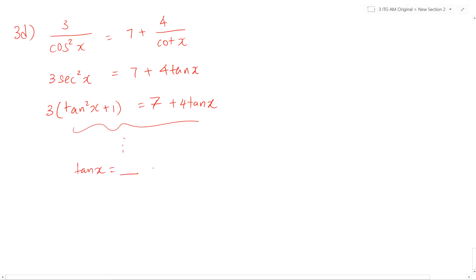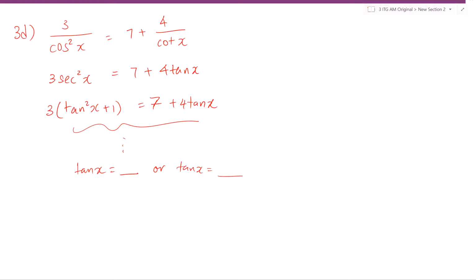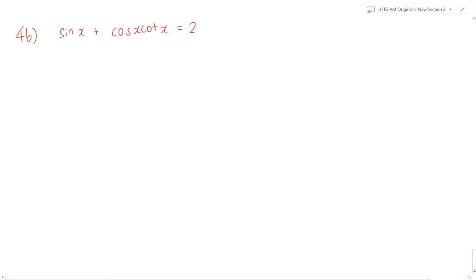Yes? Yeah, you are absolutely right. Wait, what can we do over here? Change cotangent. It looks like the only thing we can do is to change cotangent. What can we change it to? Okay, cosine x over sine x equals 2.